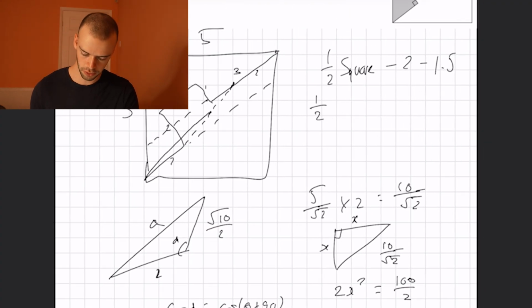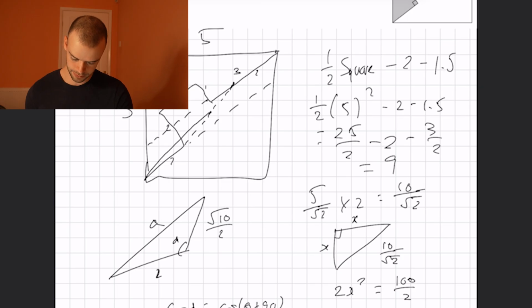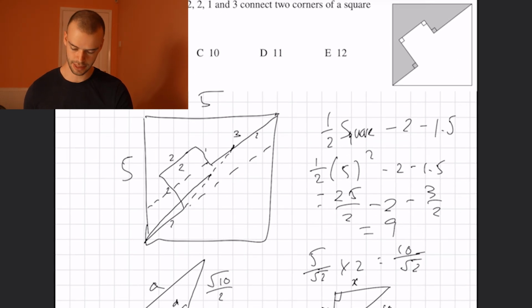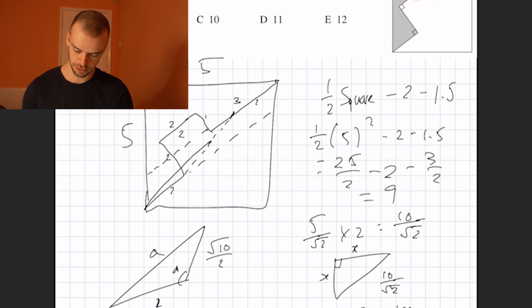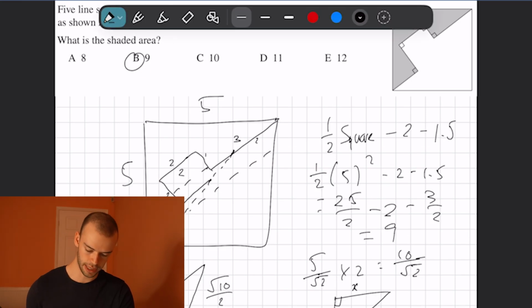So it's going to be half of 5 squared minus 2 minus 1.5, which equals 25 over 2 minus 2 minus 3 over 2. Okay, what does that equal? That equals 9. So 9 is the area of the shaded region. And that is one of our answers. So we'll circle that and we're done with the question.